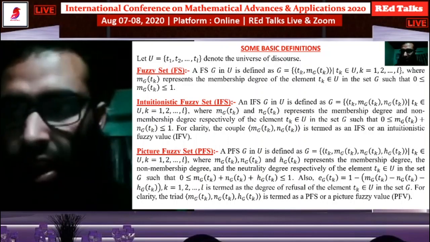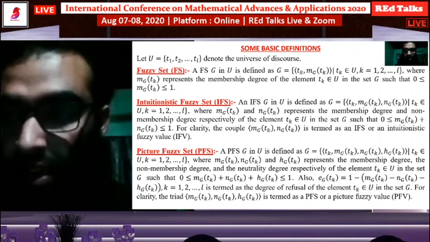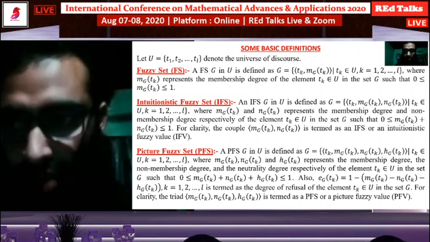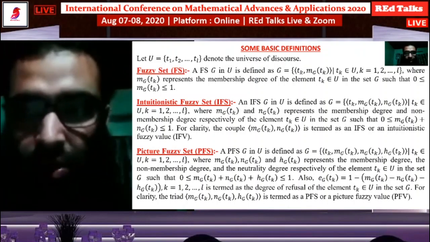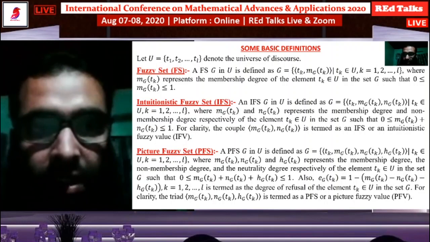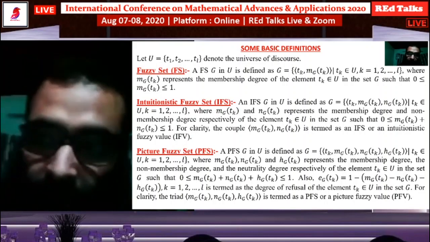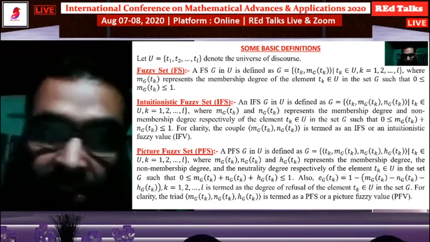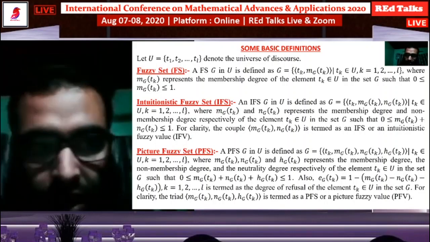So Zadeh extended the valuation set {0, 1} of the characteristic function to the closed interval [0, 1] in order to handle those examples which we usually see that they are not sets. But in a fuzzy set, there is a membership degree which indicates how much an element satisfies, or we can say belongs to, this set.